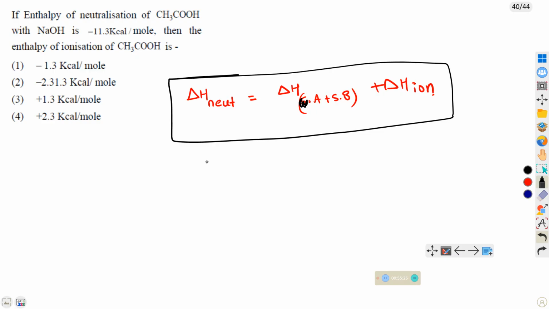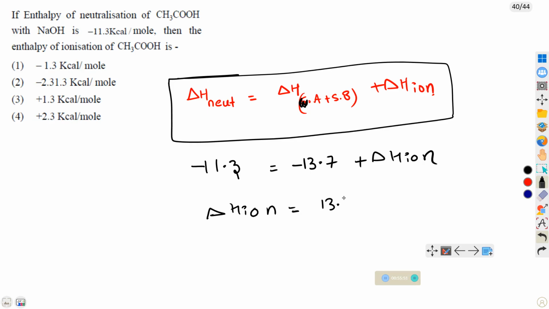The enthalpy of neutralization value is given as minus 11.3, and for strong acid and strong base the enthalpy value is fixed, that is minus 13.7, plus enthalpy of ionization. Now you can calculate the enthalpy of ionization. Enthalpy of ionization is equal to 13.7 minus 11.3. You will get plus 2.4.